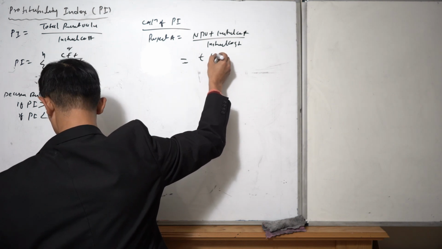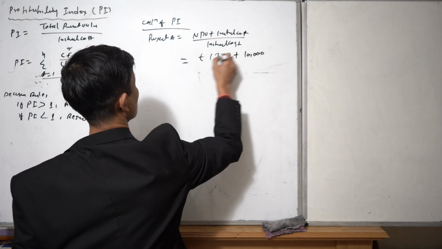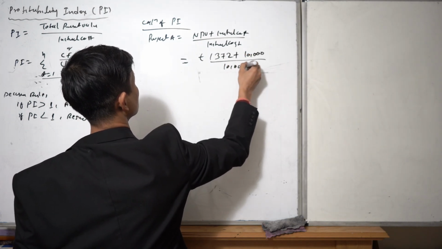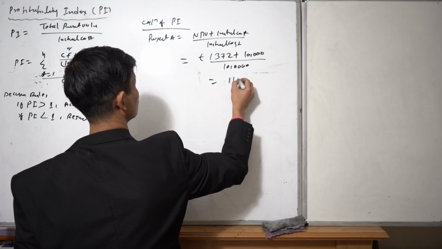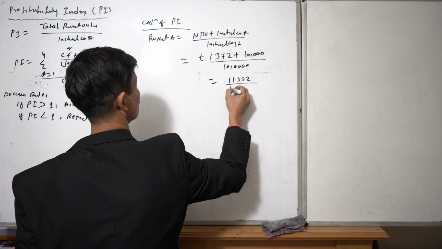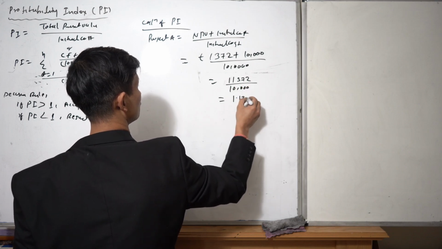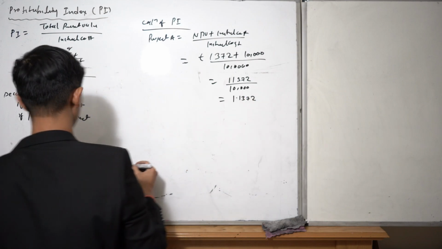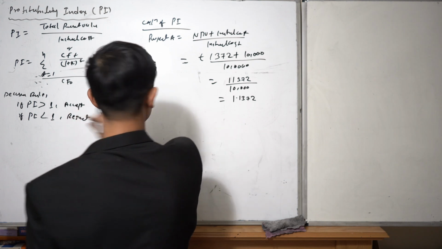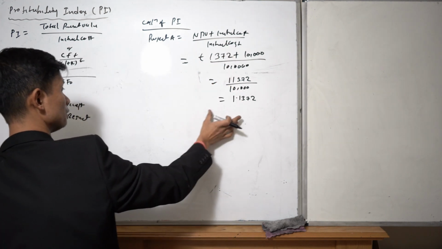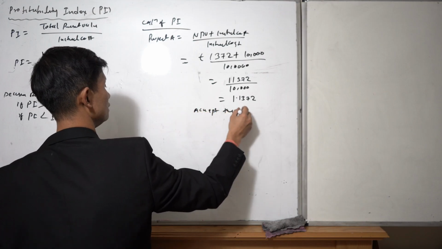You get 1372, and we know the initial cost is 10,000. The total is 11,372 divided by 10,000. We get the value 1.1372. The decision rule: if PI is greater than 1, we accept. So the project PI is greater than 1, so we accept project A.